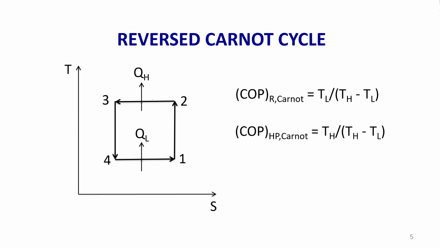Temperature T1 is equal to T4 and T2 equals T3. So let me write it here: entropy at 1 is equal to entropy at 2, entropy at 3 is equal to entropy at 4, and if you extend this line, T4 is equal to T1 and T3 equal to T2.